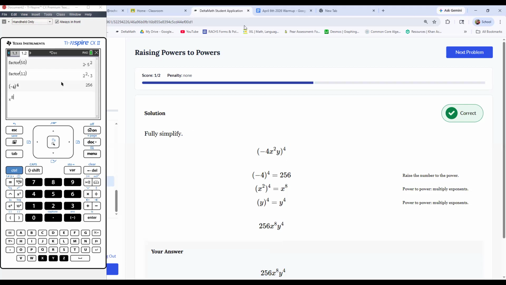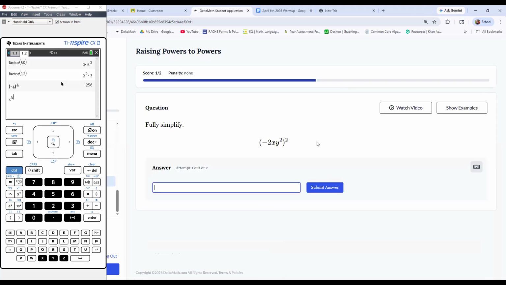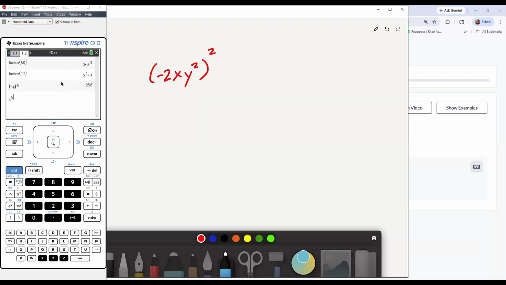Let's try one more of those. Okay, so now we have negative 2xy squared, raised to the second power. So just as we did before, we're going to have 2 copies of what's inside the parentheses times negative 2x.